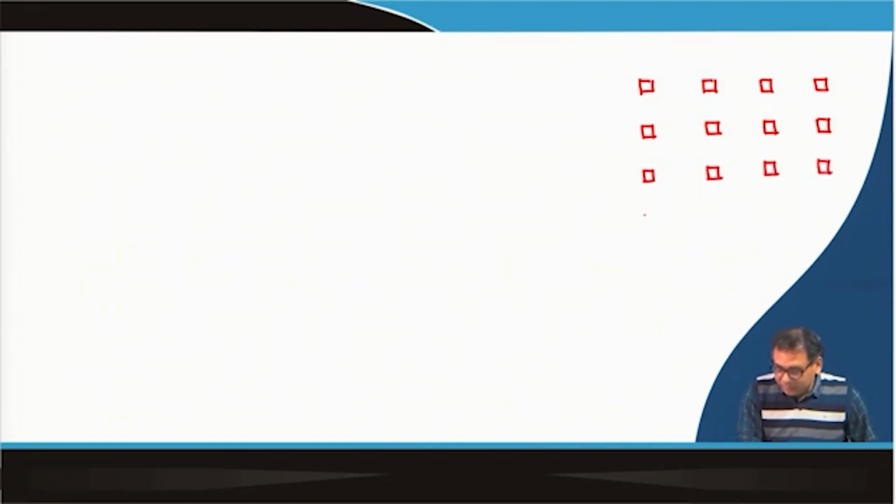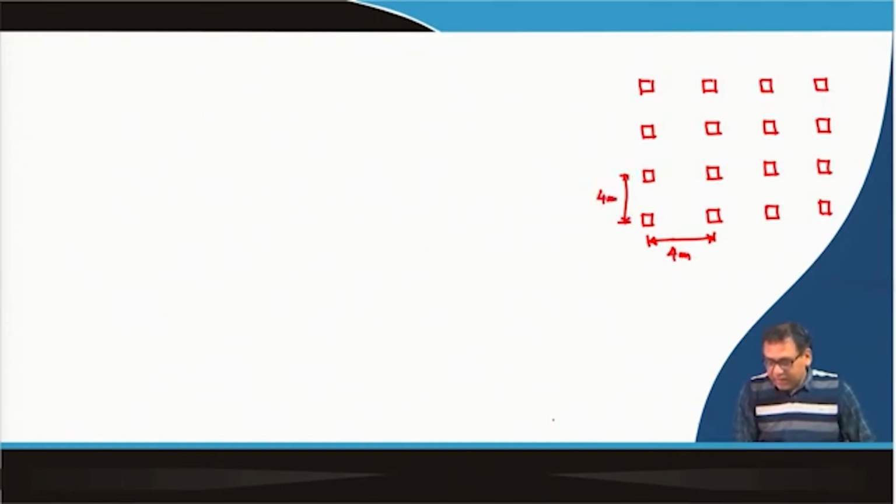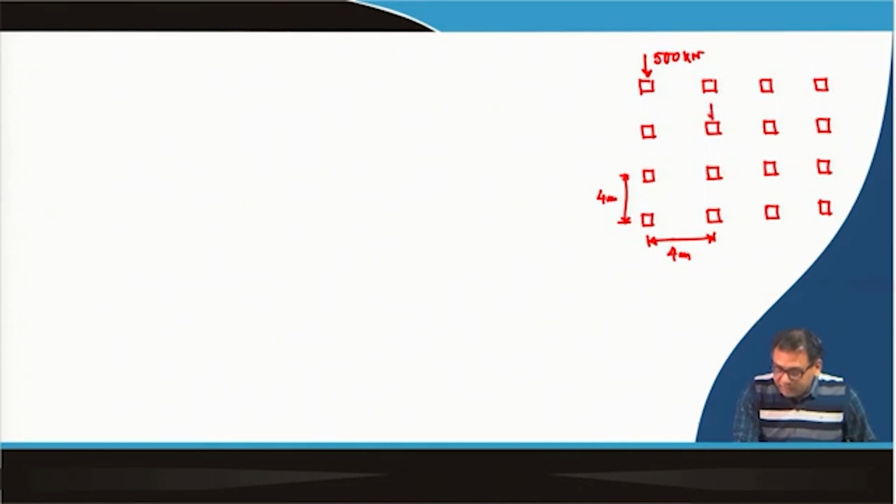In a particular building, say, the spacing between the columns is 4 meter. This spacing is also 4 meter in both directions, and the load coming to the outer column is 500 kilonewton and to the inner column is 600 kilonewton.